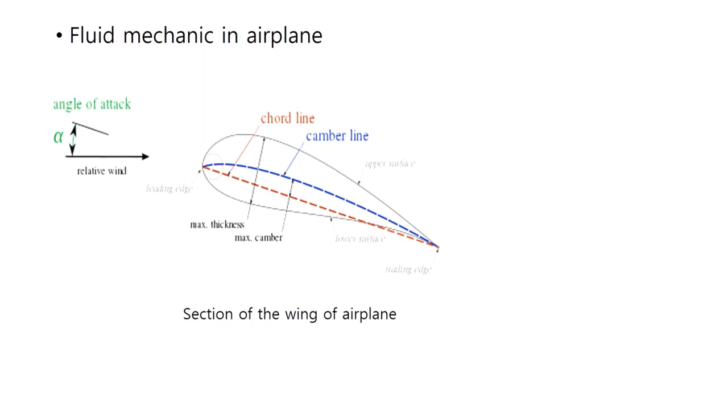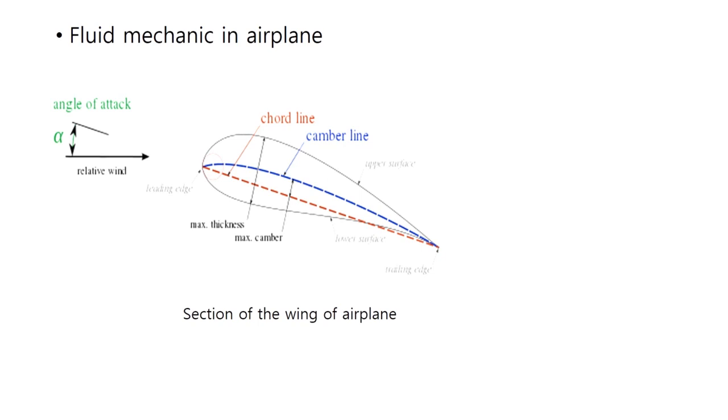This picture is a section of the wing of an airplane. As mentioned earlier, Bernoulli's equation said that velocity and pressure are inversely proportional, so when the air flow and the speed changes, the pressure changes.